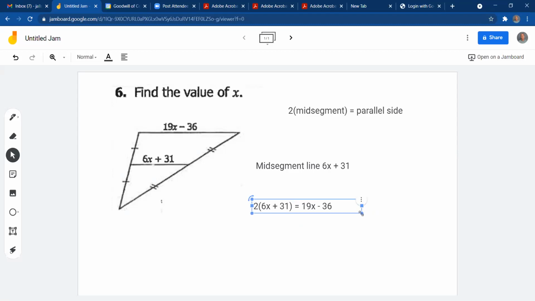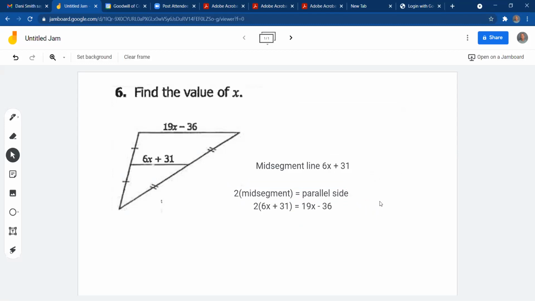Now it's just equation solving, and I'm doing exactly what the formula tells me to do.